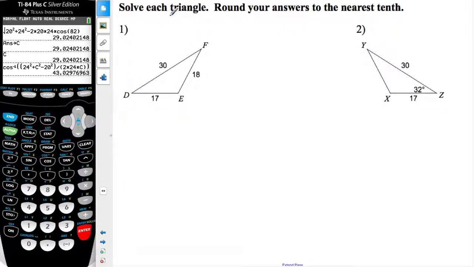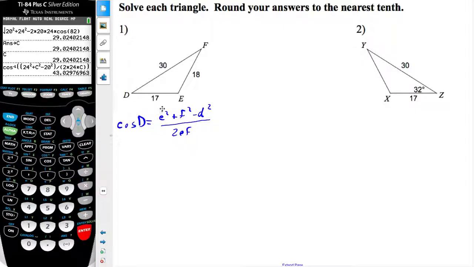All right, so we want to find all the angles, all the sides for each triangle. So I want to find these different ones. Now, the letters here are D, E, and F, not A, B, and C, so it's a little bit tricky. So if I want to find D, this is going to be the cosine of D is equal to E squared plus F squared minus D squared over 2EF.